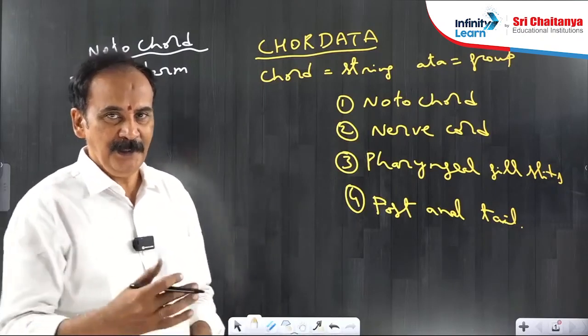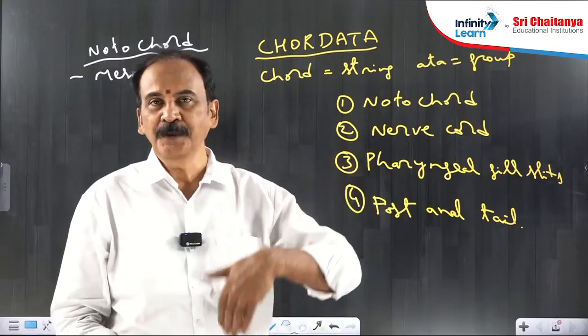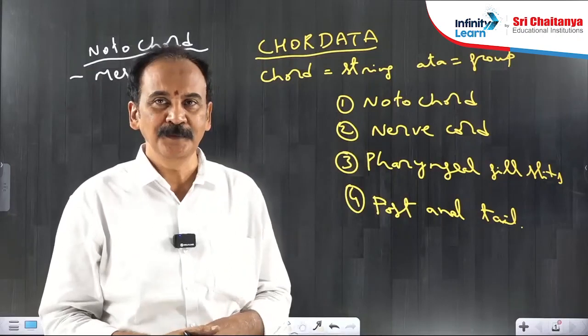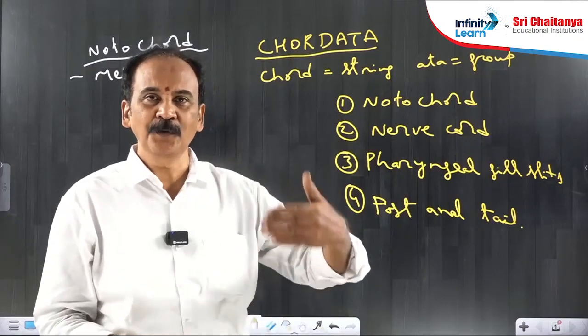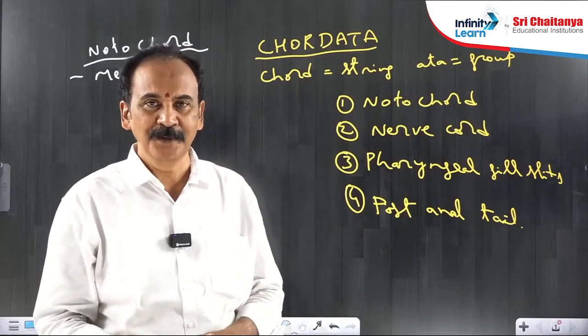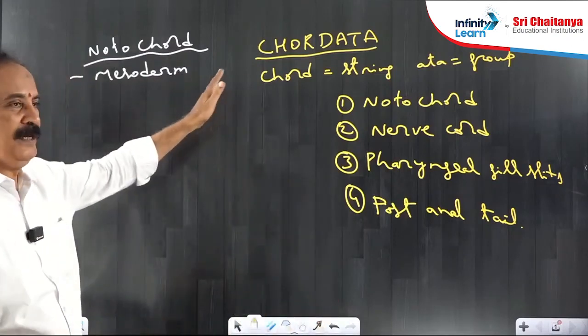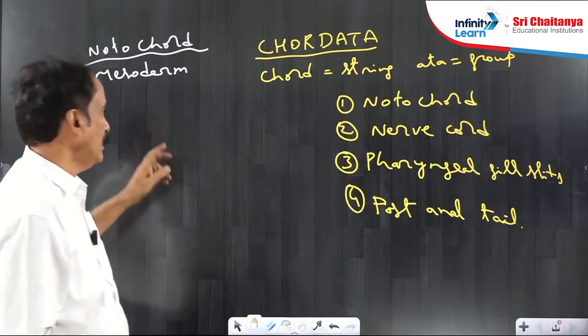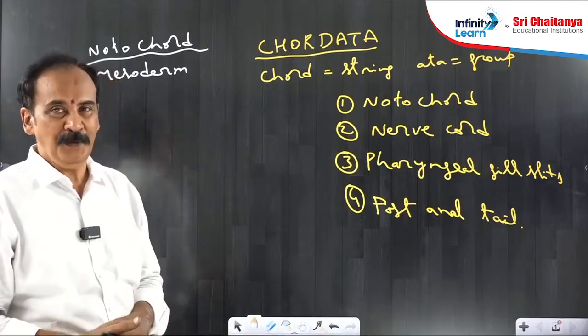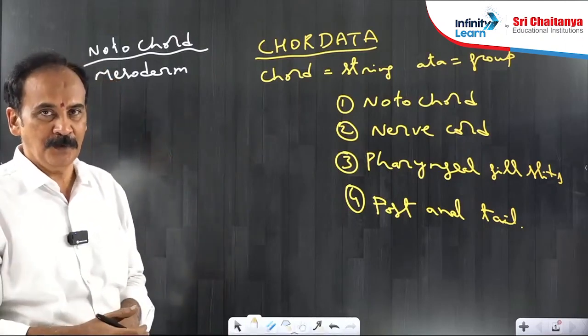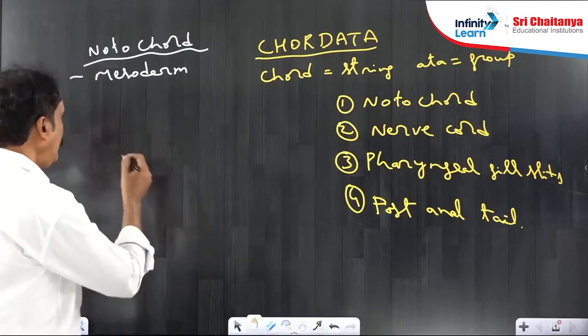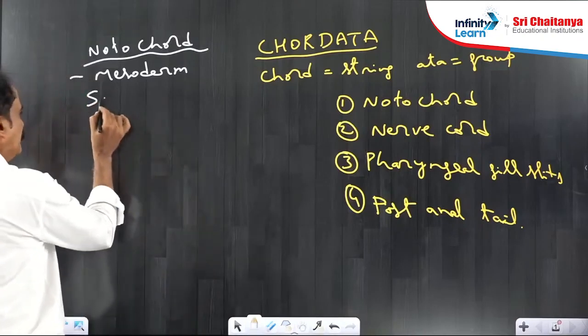These germ layers will be producing all the structures in the organism. They develop from these three layers. That's why we call them germ layers. And the mesoderm cells which are specialized to form notochord are called chorda mesoderm, which forms only the notochord. This notochord is solid.